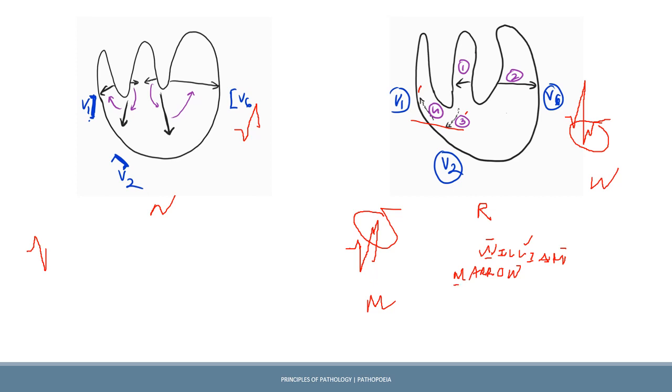M shaped in V1, as we see, in the right bundle branch block, and W shaped in V6. So a very important take home message is M shaped in case of V1 and W shaped in case of V6, and the mnemonic for this would be Marrow for the right, and William for the left one.